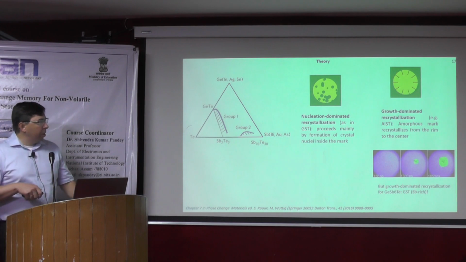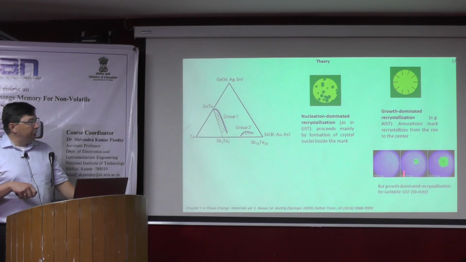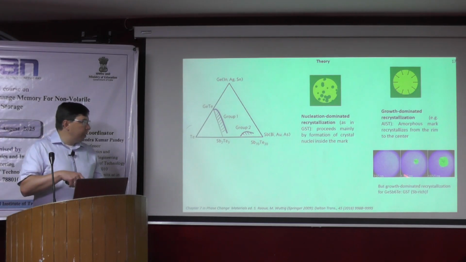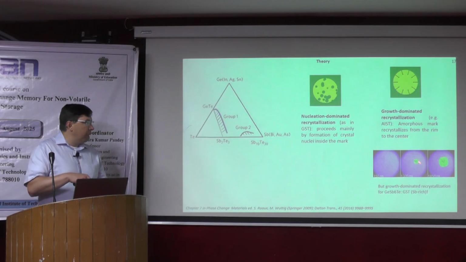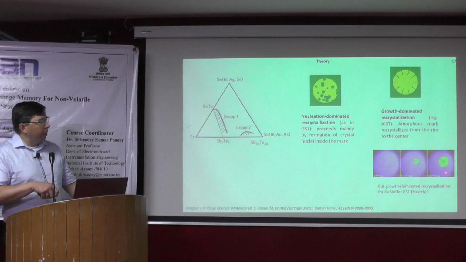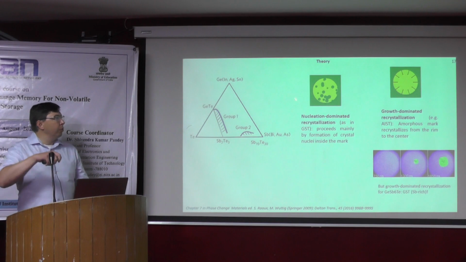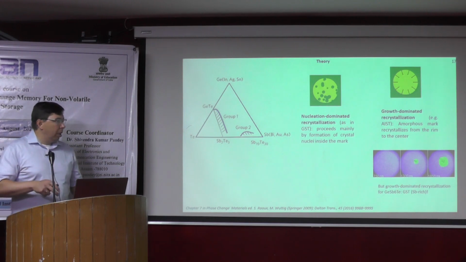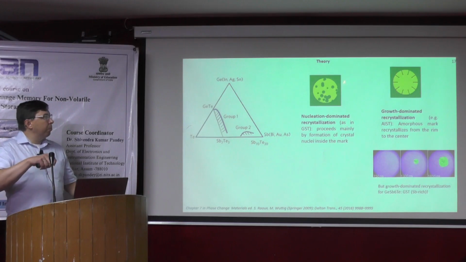This is one example of such growth-dominated crystallization. Here there is no amorphous phase, and after several 1,000 nanoseconds was laser crystallized, we have a large crystal, and then the crystal started to grow in all directions. And here there are no other nucleations in this material. In the GST case, you have nucleation on different sides, and then after this the area is fully covered by small crystals.